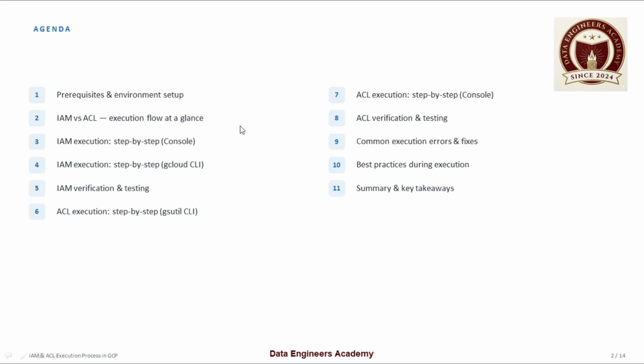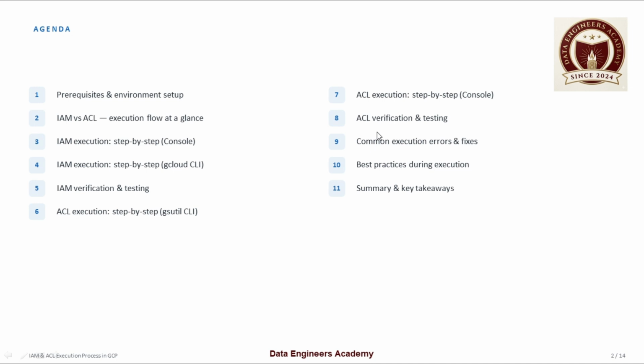Before moving to the practical part, let's quickly look at today's agenda. First, we will prepare our environment and check the prerequisites. Next, we will understand the difference between IAM and ACL and their execution flow. Then we will look at IAM execution through the Google Cloud Console and gcloud CLI, followed by IAM verification.